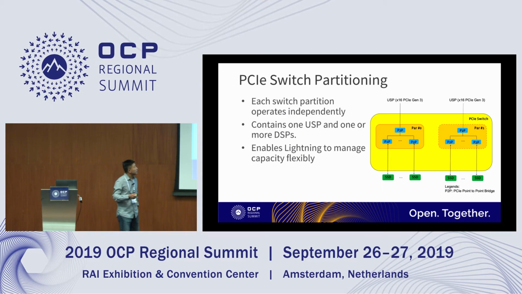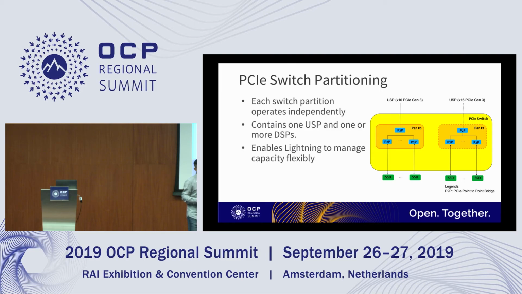There's also another concept called switch partitioning, right? So this is one physical switch, but you can create multiple switch partitions within the one physical switch. And by the way, this is what we're using, the Microchip switch. It's a fan-out switch with 96 ports. But you can create multiple switch partitions, and then each partition basically operates as an independent PCIe switch.